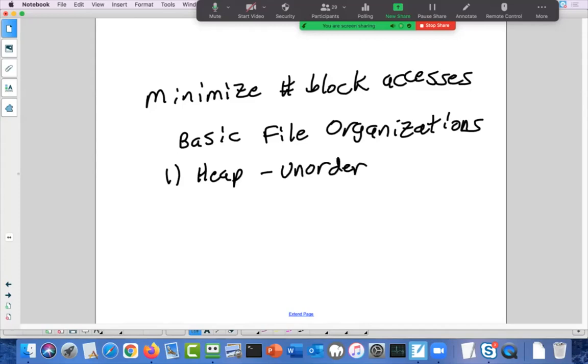You basically just store them one after another on the disk. You almost never use this because of how inefficient it is. Since the file is unordered, essentially the only way you're going to be able to find something in it without an index is a linear search, which means you read the entire file. So it's very unusual to use a heap. The only time you might use it is for very small files. So I'll just say it works for very small files.